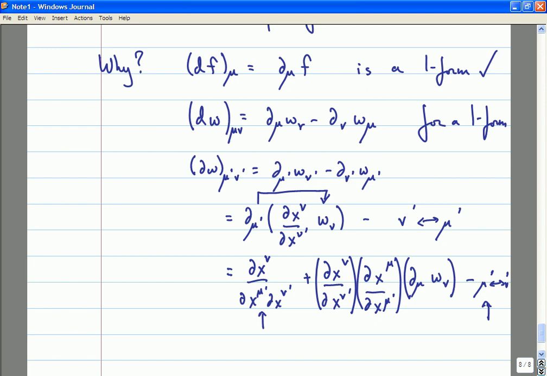So we see that indeed this is equal to the transformation rule for a two-form. The whole point being that the anti-symmetrization has subtracted off the factor here, which leads to the problem when you try and construct a tensor by taking the derivative of its components.